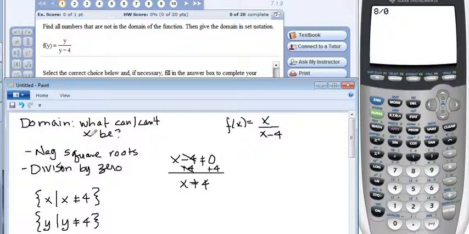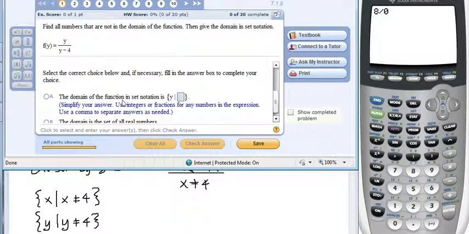I could use the word input, output, because then it doesn't matter on the letters, which I probably should have done. It's a little bit more clear. The domain of the function in set notation is the set of all y such that y is not equal to 4. So that's your formal way of writing y can't be 4.